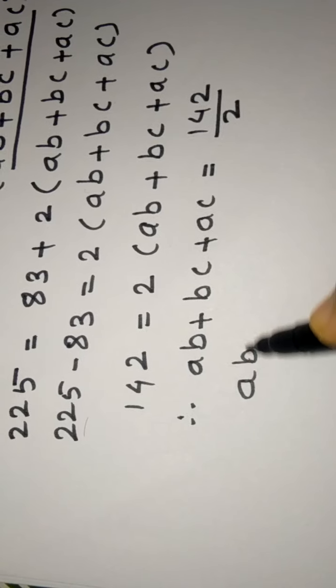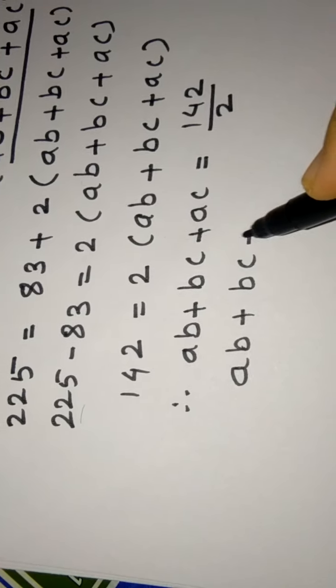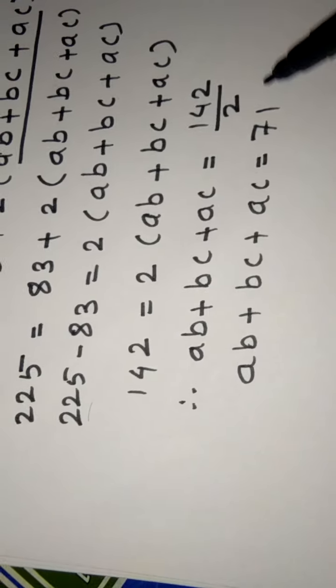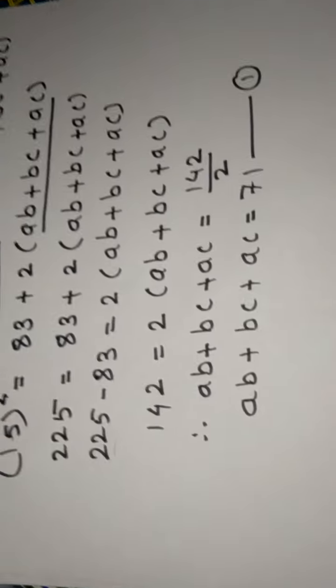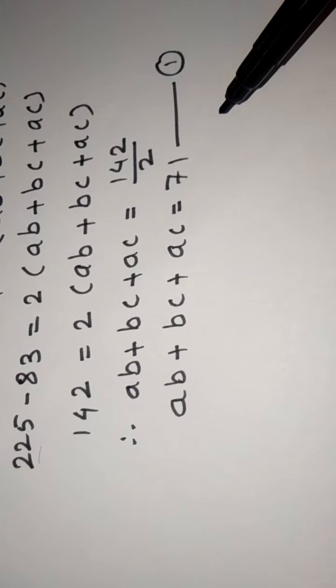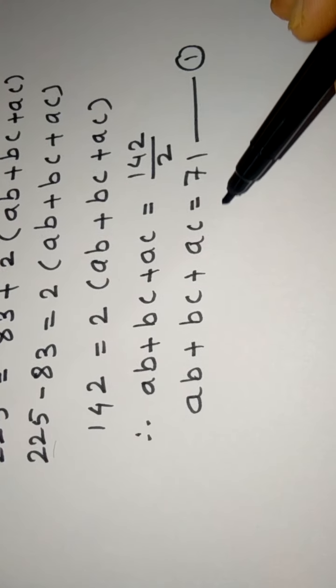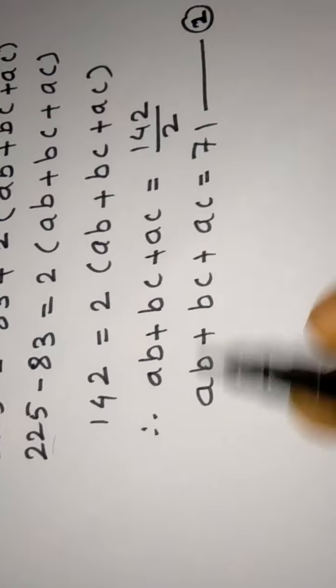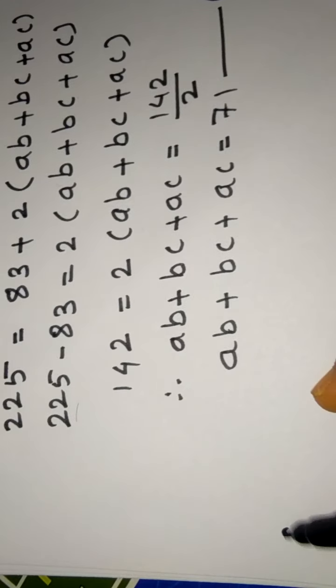That is, we get the value of ab plus bc plus ac is equal to 71. Put this value of ab plus bc plus ac in this equation. We have to find the value.